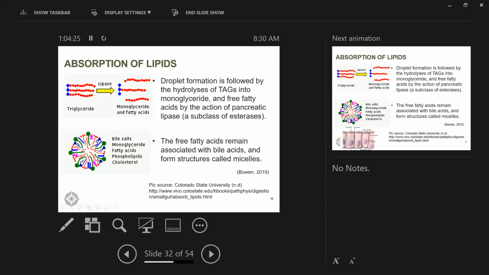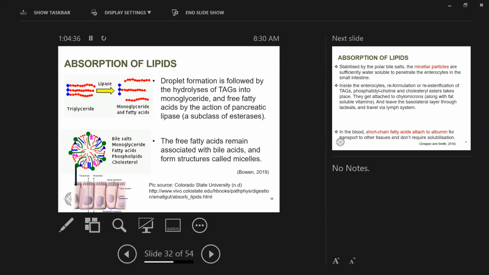The free fatty acid remains bound to the bile acid to form a structure called a micelle. And these micelles now simply diffuse into the brush border. So this is the first phase.